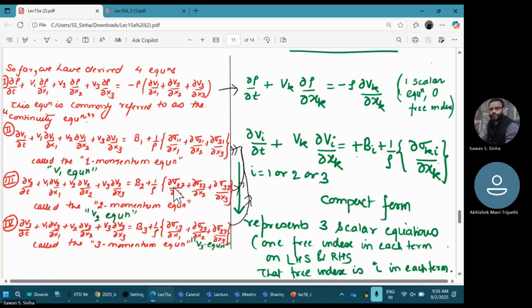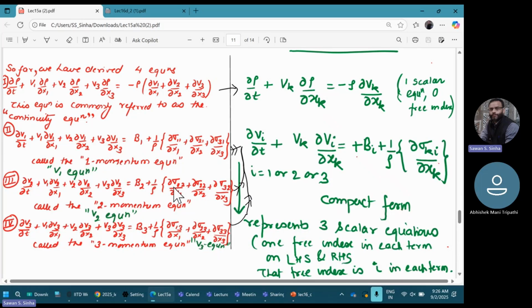Fine. Next term, b1, b2, b3 था, that goes as bi. Free index. Now I is a free index. It means it will appear only once in every term.